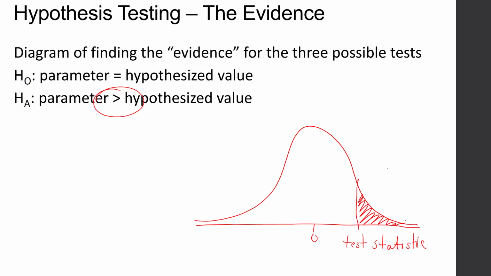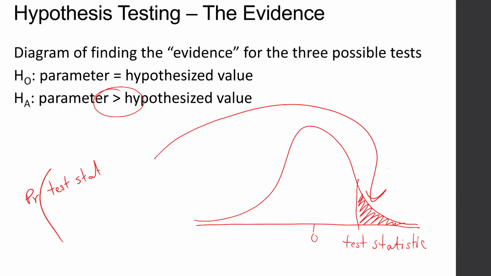And then we're going to get the probability of being that extreme. So this is the probability of the test statistic being that extreme or more in the direction of the alternative hypothesis.